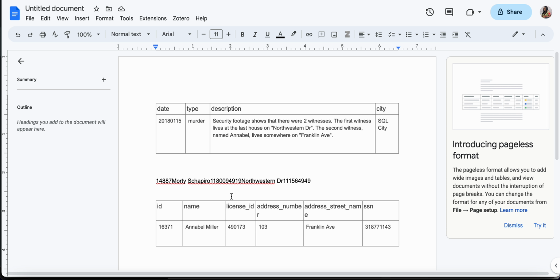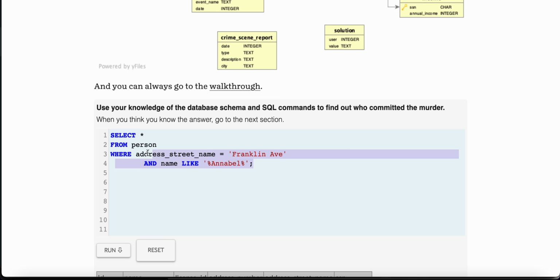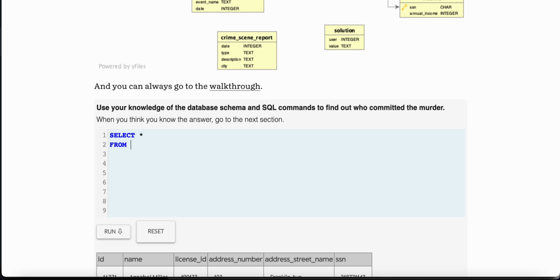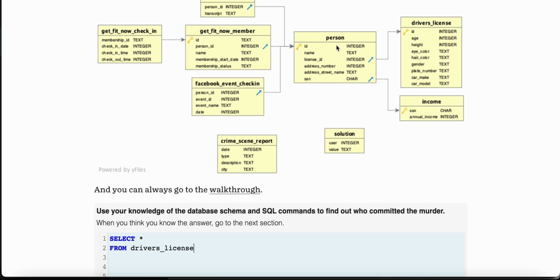So in the meantime, let us copy his license number. I guess that should be correct. Then we come here again, and from the driver's license table, we're taking it from this table because we can join it with this.